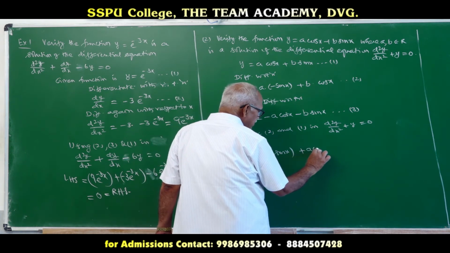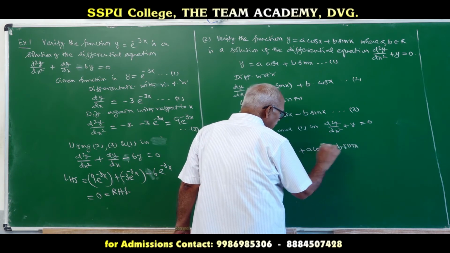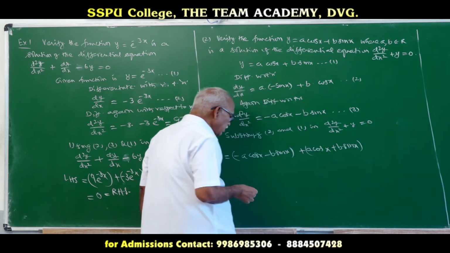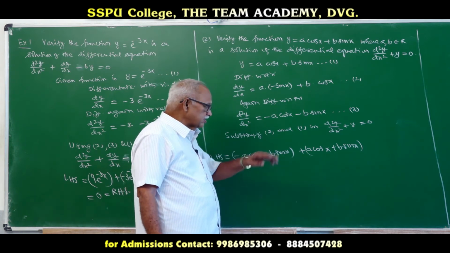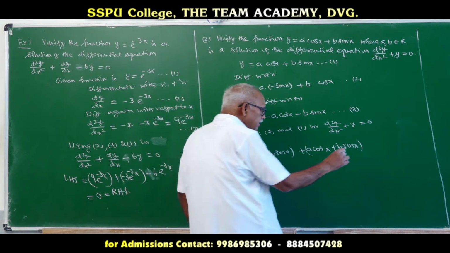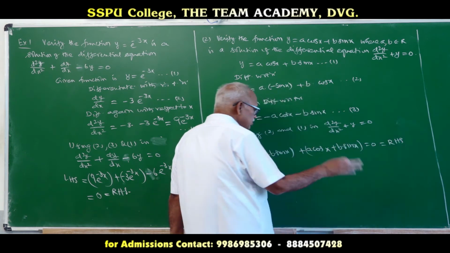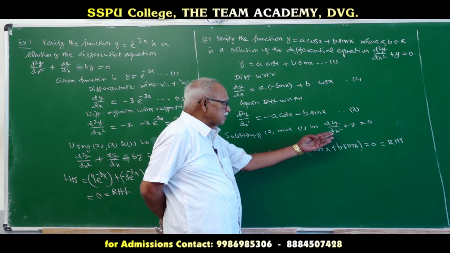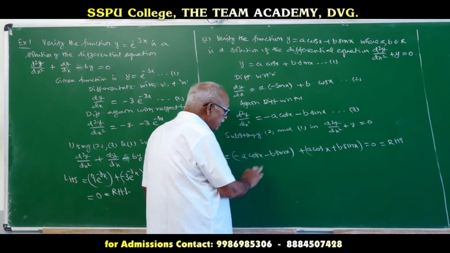Y is a cos x plus b sin x. So, you can see minus a cos x plus a cos x cancels, minus b sin x plus b sin x cancels. So, we get 0 which is equal to RHS. So, we have proved LHS is equal to RHS for this differential equation using the function. So, this is the answer for that.